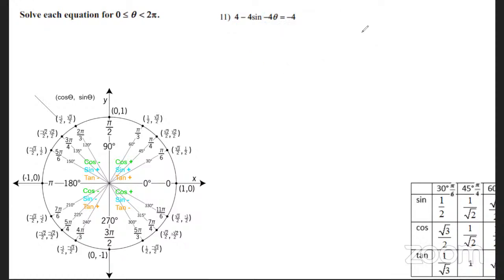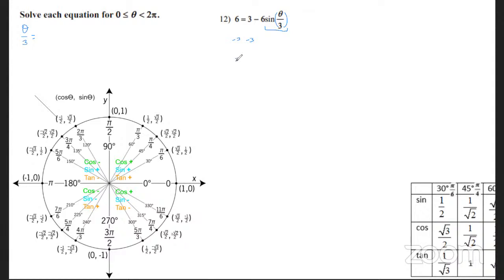Now, let's look at number 12. That is in parentheses. We know that eventually we're going to have theta over 3 equals whatever our reference angles are, so we can solve for theta. But right now we're just going to leave that in parentheses and undo what's being done to our trig function of sine. The first thing to undo is this 3. We can subtract 3 from both sides.